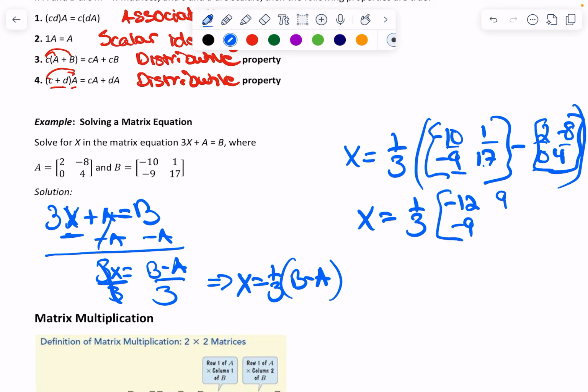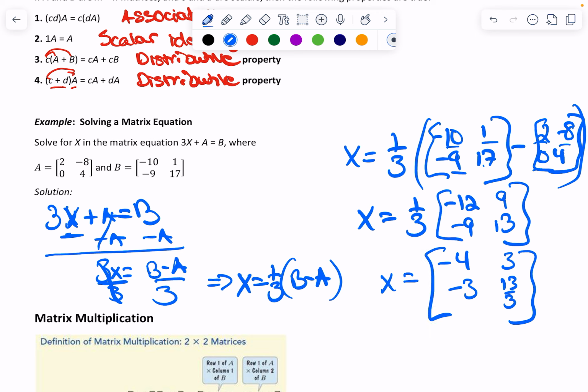And 17 minus 4 is 13. Now we can multiply this by 1/3 or divide by 3. So negative 12 times 1/3 is negative 4. Negative 9 divided by 3 is negative 3. 9 divided by 3 is 3. And then it's going to be 13/3, since otherwise that's going to be a decimal. And this would be our matrix X that we were trying to solve for.